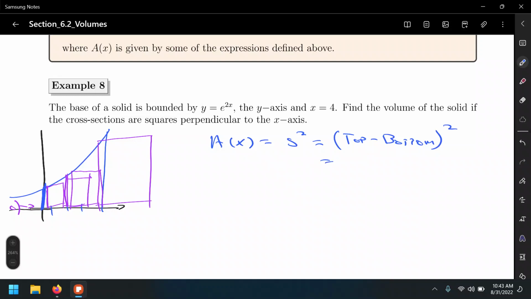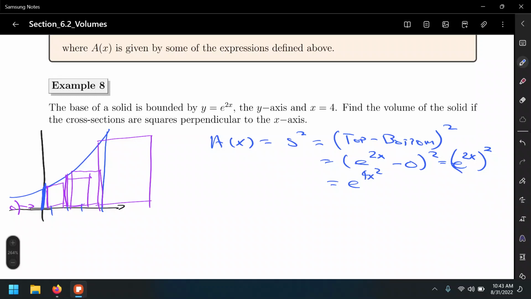So the top is the exponential e to the 2x, and the bottom is 0, but this is simply e to the 2x quantity squared. And is that equal to e to the 4x squared?